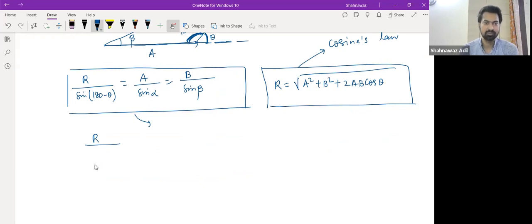Who remembers? Sorry, sir. Sine 180 minus theta. Okay, you guys are coming late. Yes, Siddhika. Okay, her mic is not working yet. So who remembers what sine 180 minus theta is?